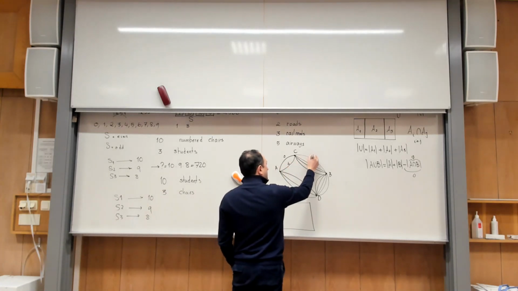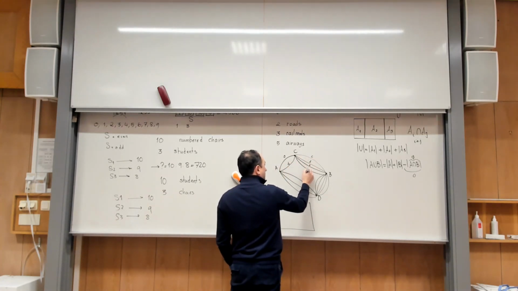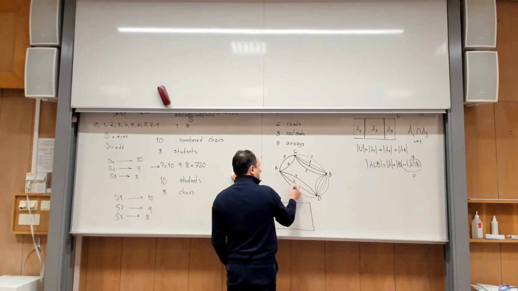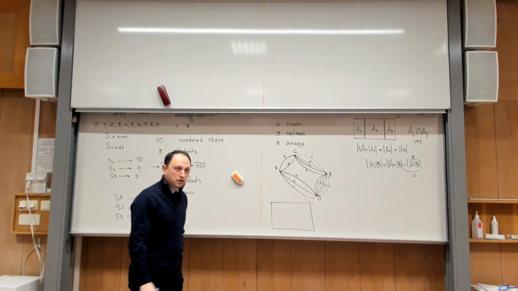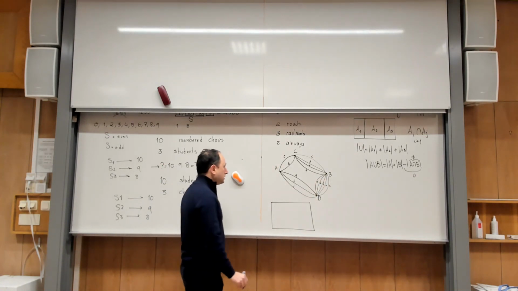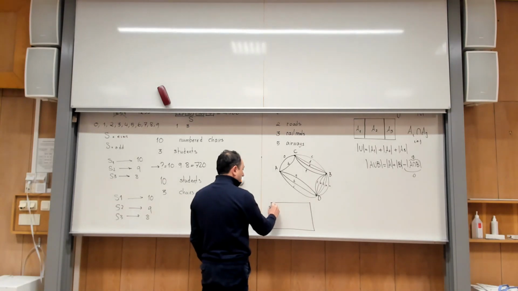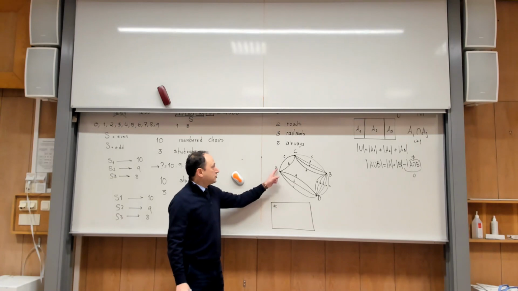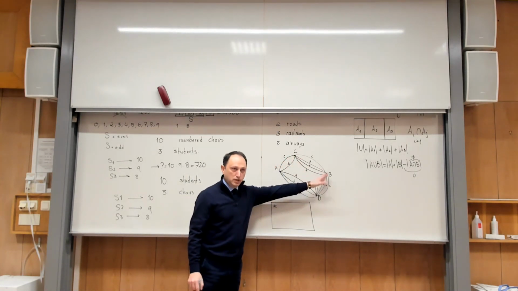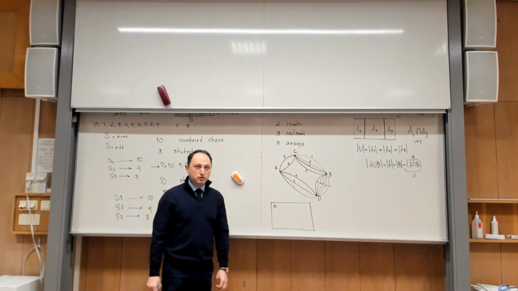A, B, C, D, E, F, and then G, H, I, J, K, L, M, N. So these are the items. One possibility is, for example, I can write AC. This means that I have chosen this road and that road, then I am done. This is one possibility. Do you agree?